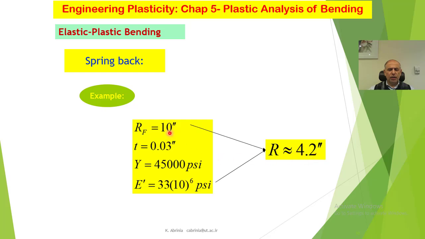That means that if you want to get a 10-inch radius for your sheet, the final radius, you have to use a punch tool with a 4.2 inch radius, because when it bends to 4.2, it springs back to 10 inches.